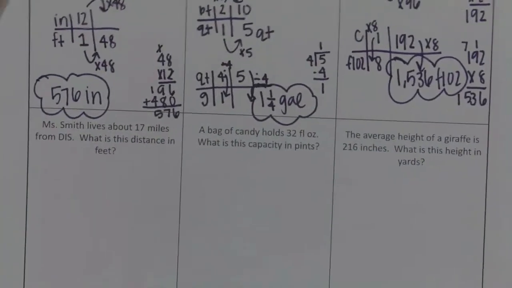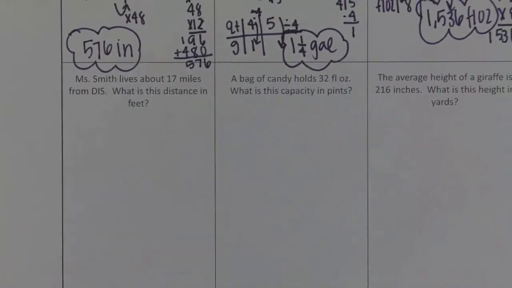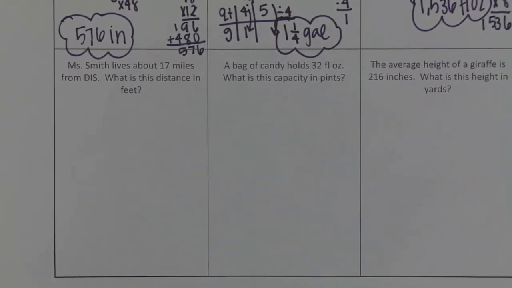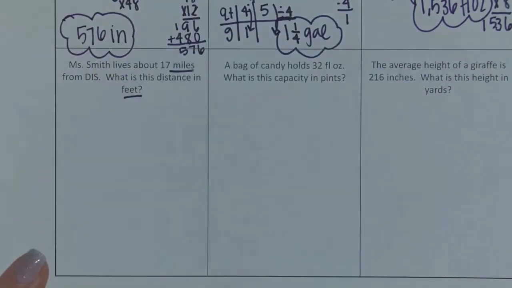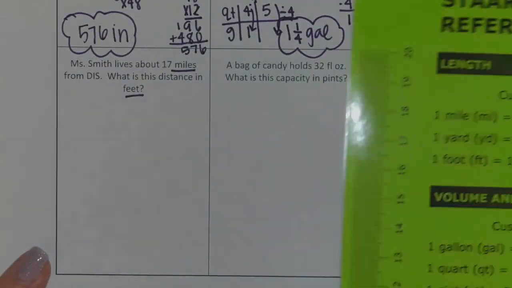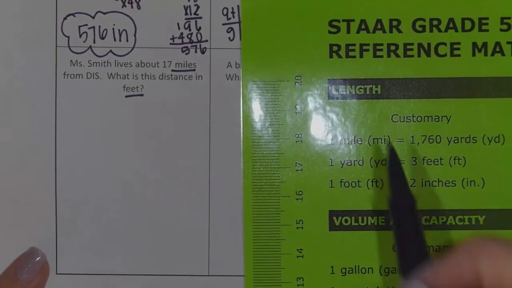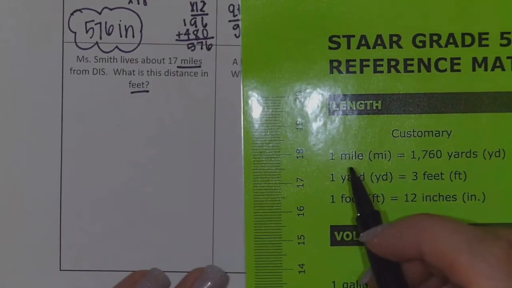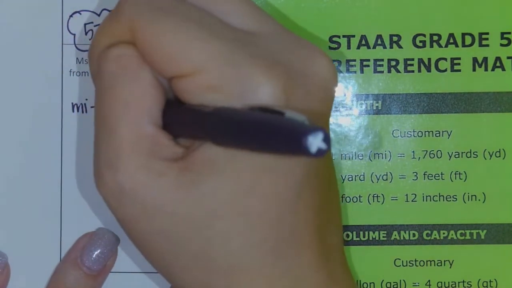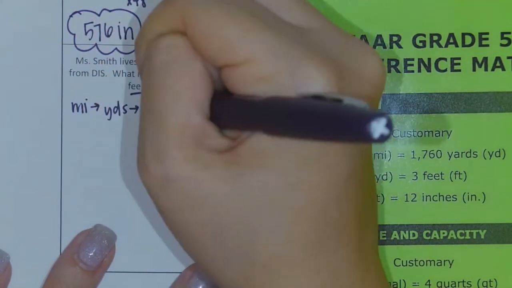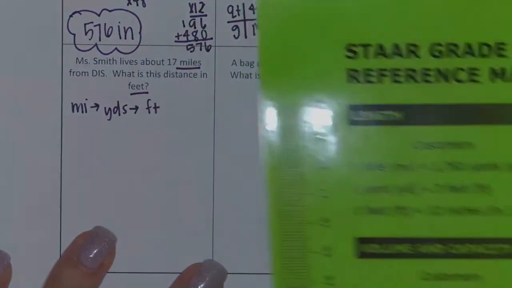All right, our next problem says that Miss Smith lives about 17 miles from DIS. What is this distance in feet? So I'm comparing miles to feet. And oh my goodness gracious, we're going to get a big number here. So I know, looking at my star chart, that I can go from miles to yards and from yards to feet.